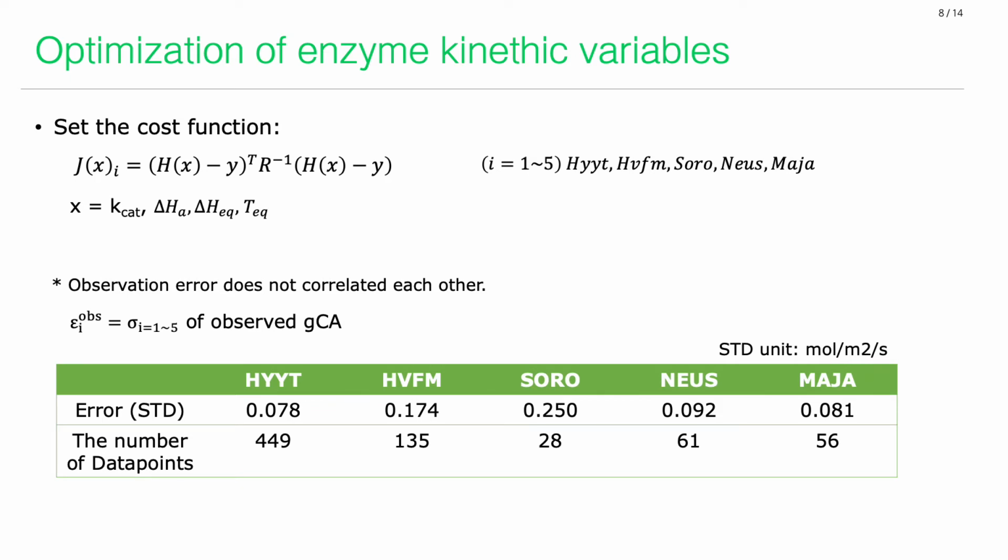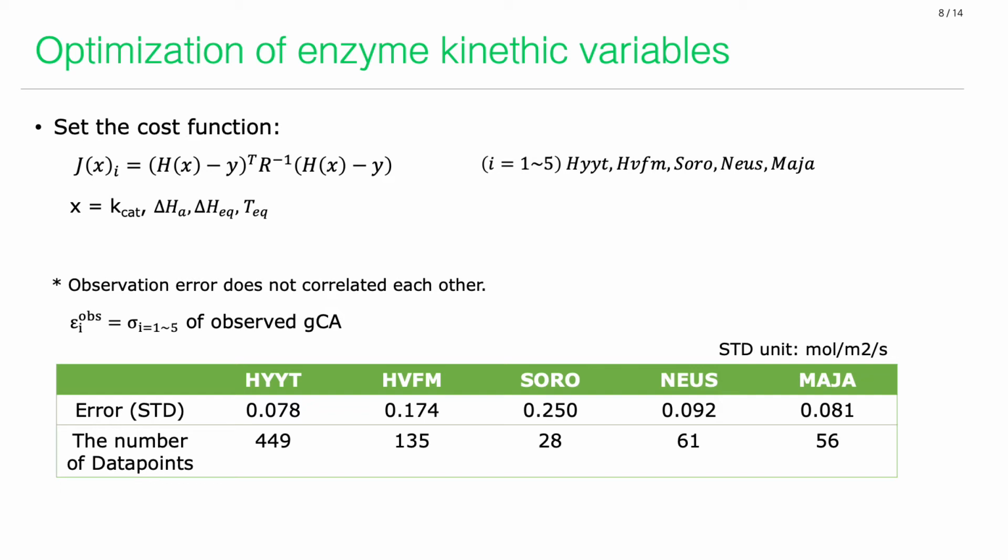With these hypotheses, we optimize the equilibrium model to find the best values for the parameters. We use a cost function with the deviation between h(x) and y. The h(x) is the estimated enzyme conductivity from the equilibrium model, and y is the observed conductivity.